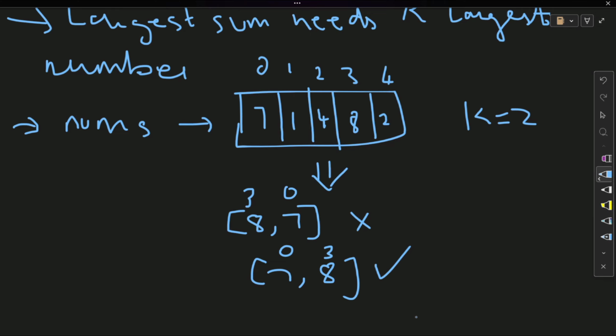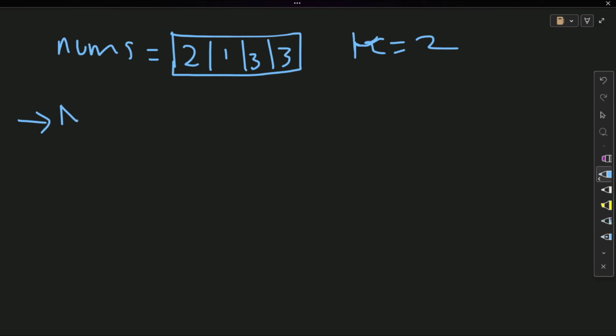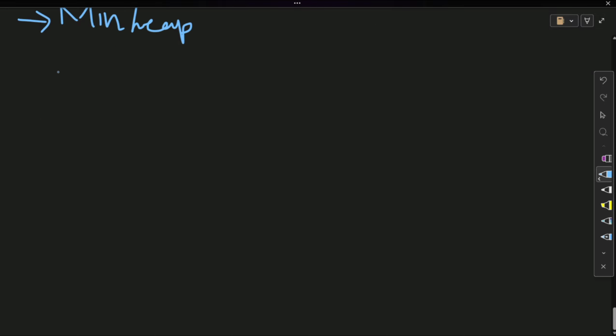So we can do sorting, but for that we need to preserve the element's index also along with the element. So we'll use a min heap, which is also called a priority queue. Basically we'll take the element and its index.